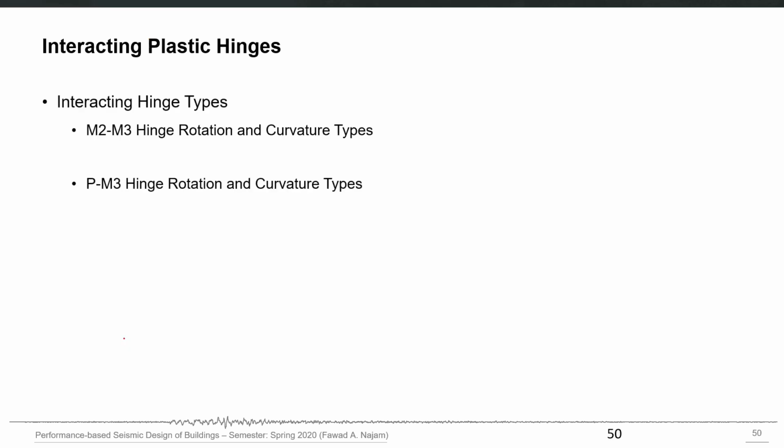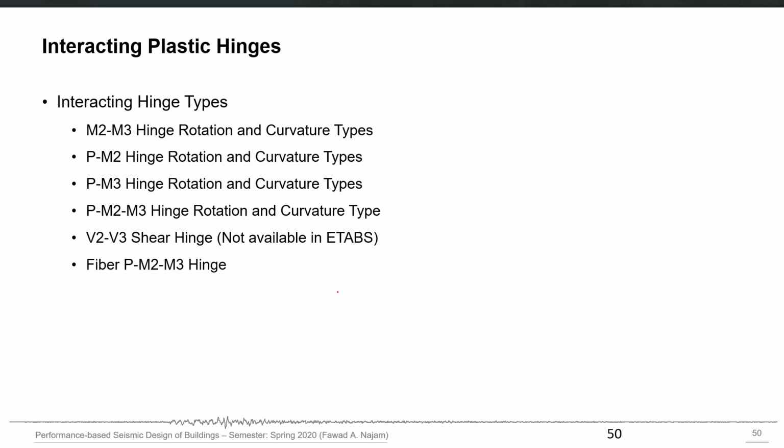So these are PM2M3 or any other interacting hinges which are possible. But one thing I want to highlight here is that the V2 and V3 shear hinge is also an interacting hinge. Shear in one direction can interact with shear in the other direction, but that hinge is not available in ETABS. There are some other possible interactions between different actions that are currently not available in ETABS.